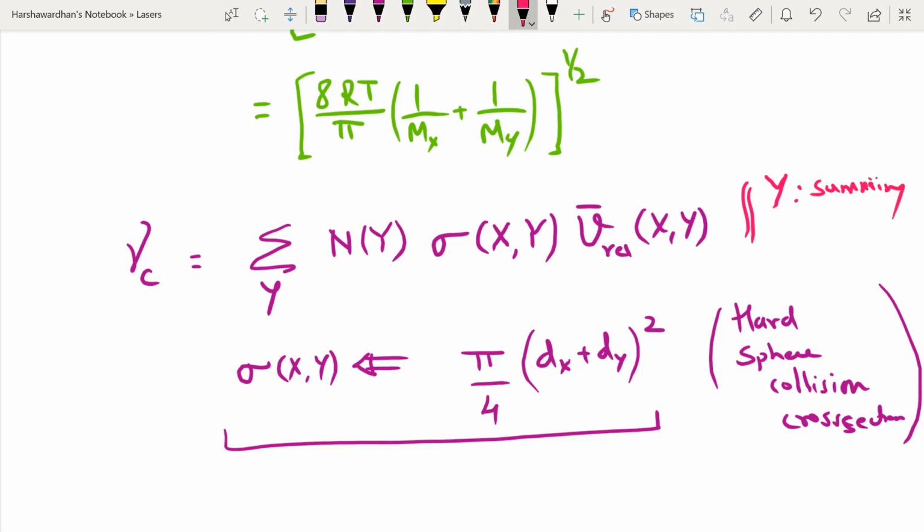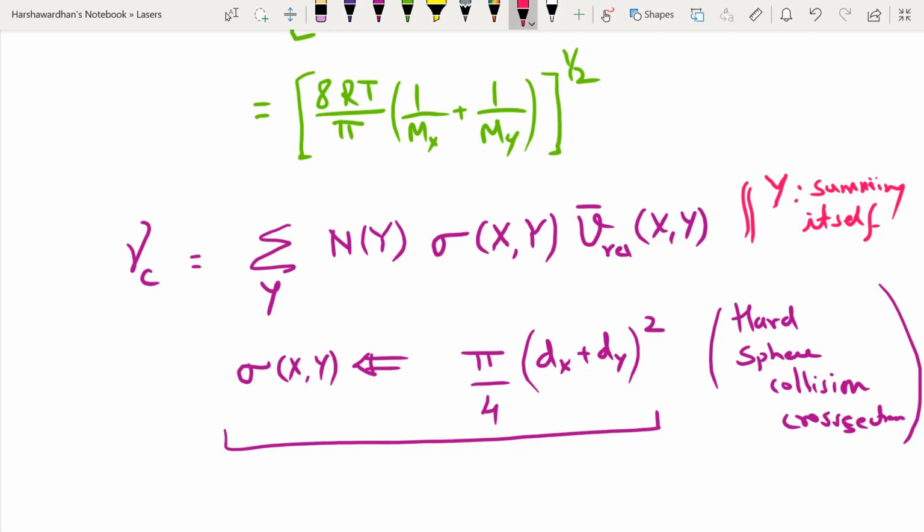For example, if I have a collection of gas which has, let's say, helium and nitrogen and carbon dioxide, and I'm looking at carbon dioxide, the carbon dioxide molecule whose line shape I'm interested in.